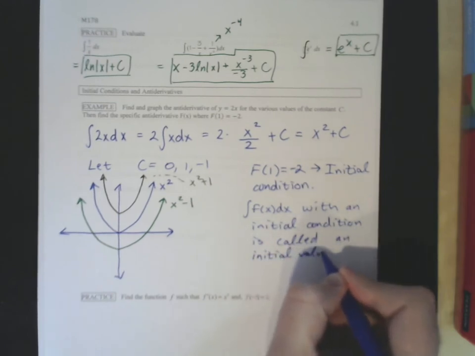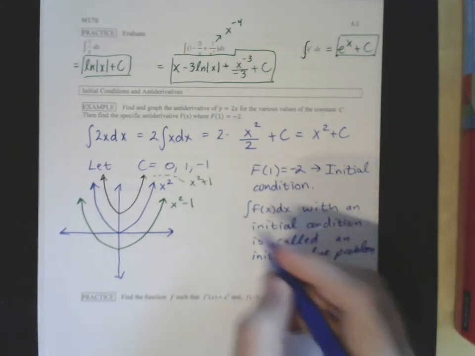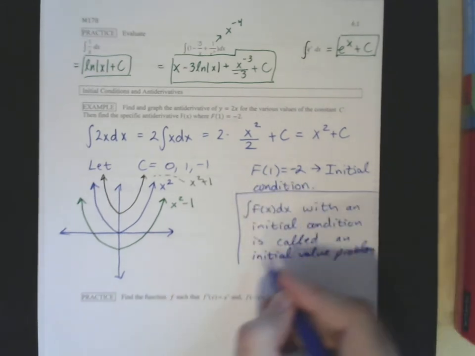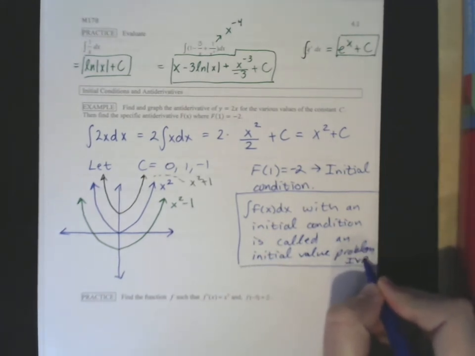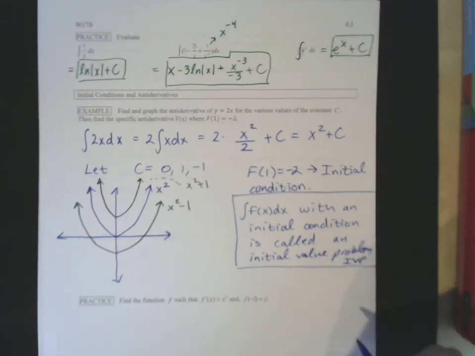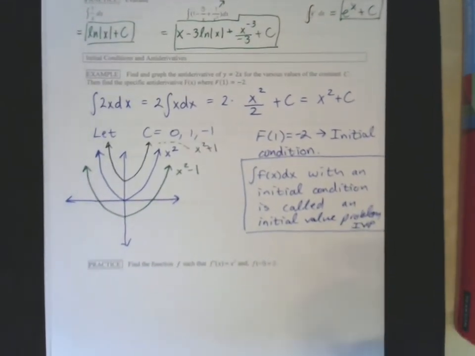Initial value problem. To box that up, that's important. Now, I refer to these as IVPs because I'm a mathematician and I'm lazy. So I like to make acronyms for everything.